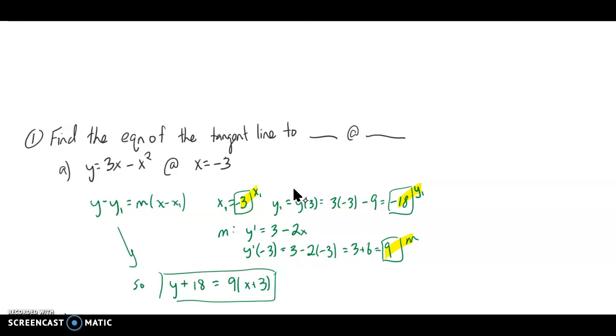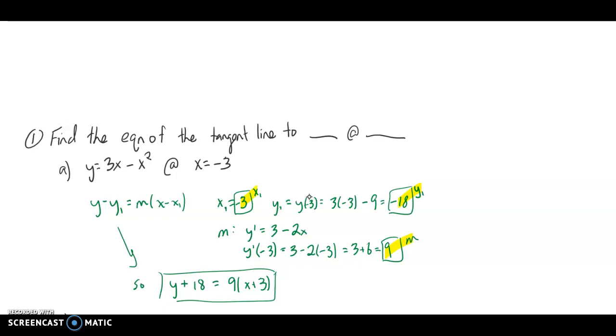To get y1, I take y of -3. There's a little typo there, I fixed it. I plug in -3 here and here. So I get 3 times -3, minus 3 squared. That gives me -9 minus 9, which takes me down to -18.